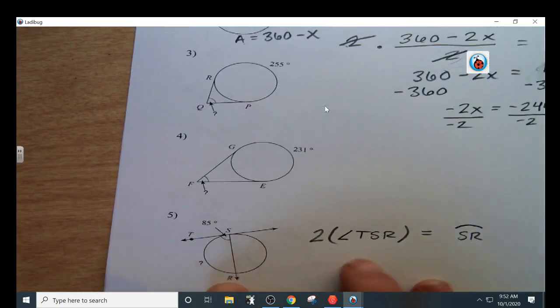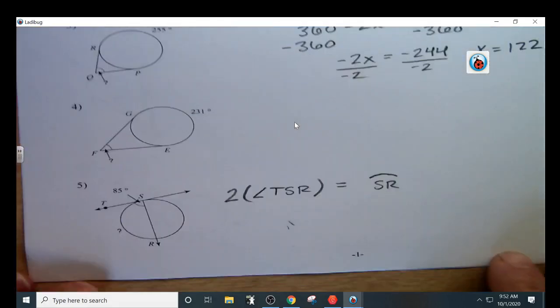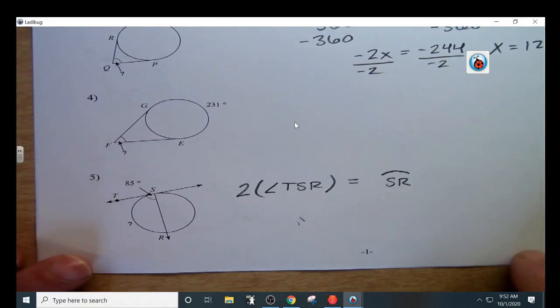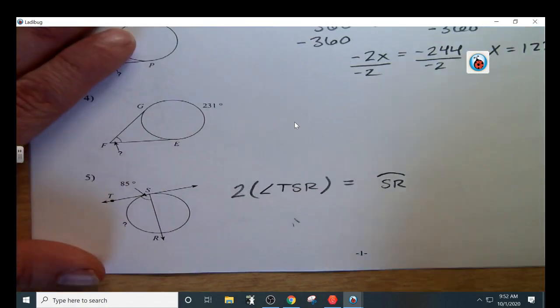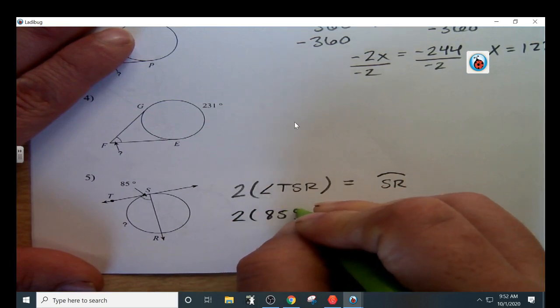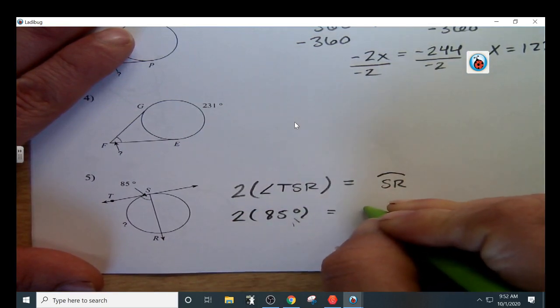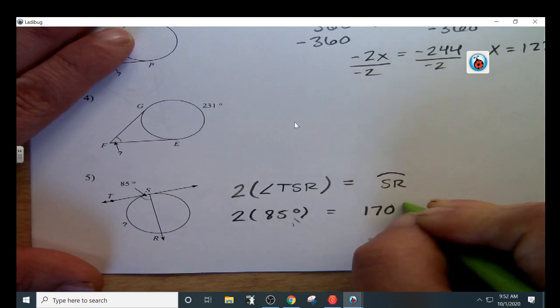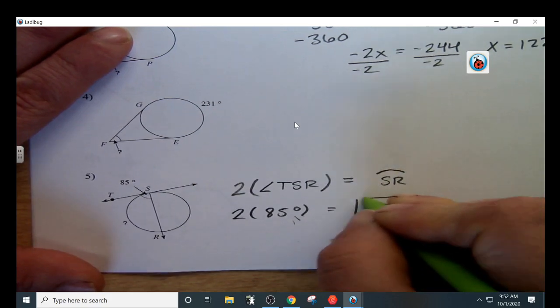Sorry about that. I'll get the writing off the screen. All right. Now, so that's going to be 2 times 85 degrees equals 170.